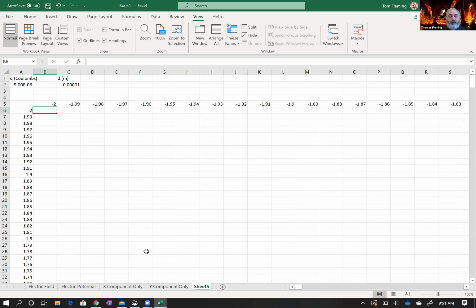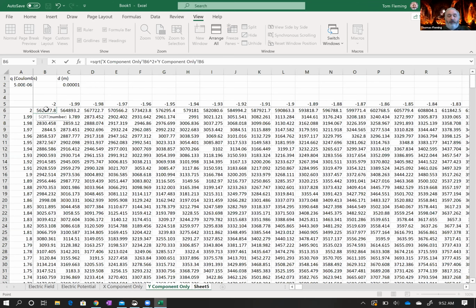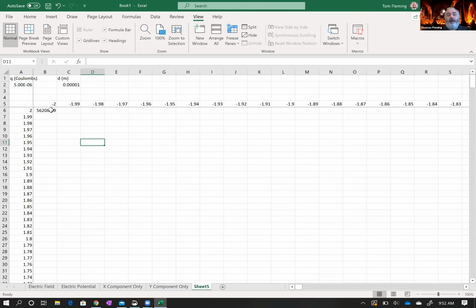So equals square root, parentheses. Now, I got to go over to the X component sheet. I'm going to pick that exact same cell, so -2, +2, boom. Square that bad boy, plus I'm going to click over to the Y component sheet, boom, squared, close that up, hit enter, and there's the electric field in that location there.